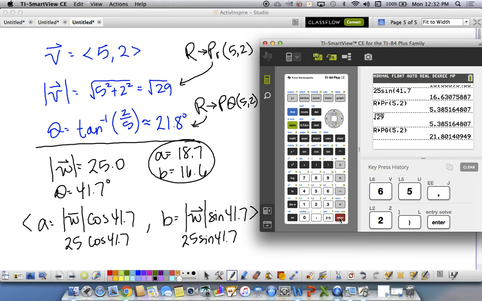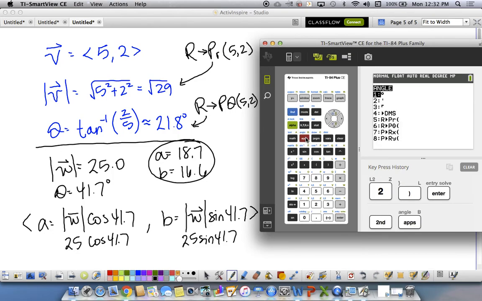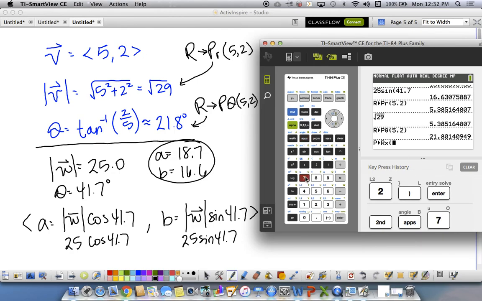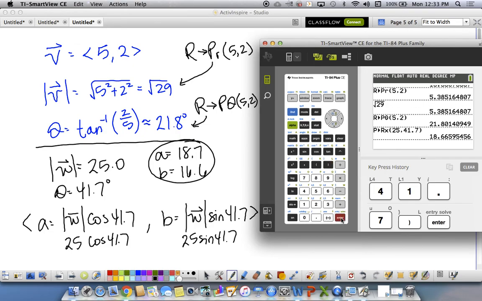What were those other ones I said we might use? Number 7 and 8, P, arrow, R, X and P, arrow, R, Y. What do you think that gives you? The X and the Y. If I go down to 7, you do have to put it in the right order, and I'm pretty sure it's magnitude and then direction, 41.7. We get 18.665, we had 18.7.